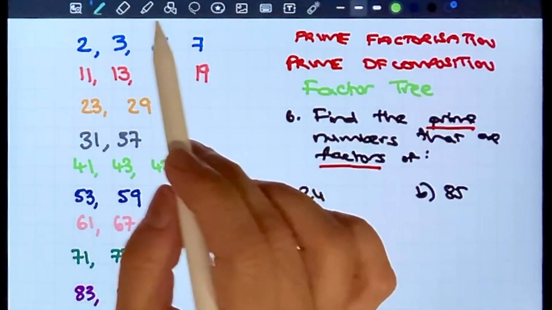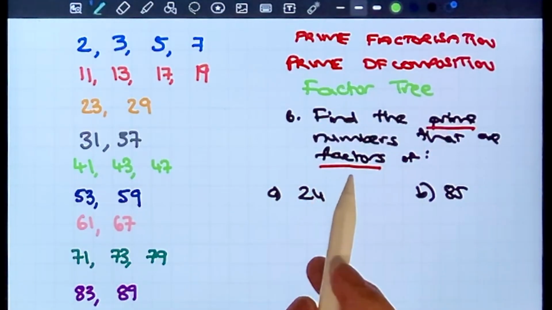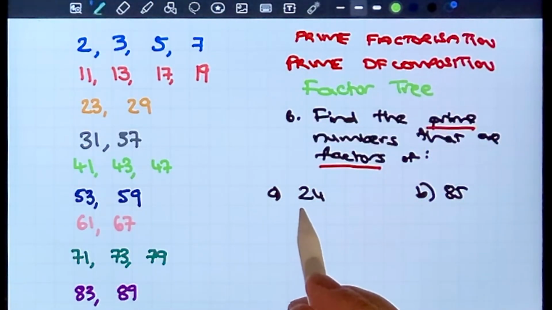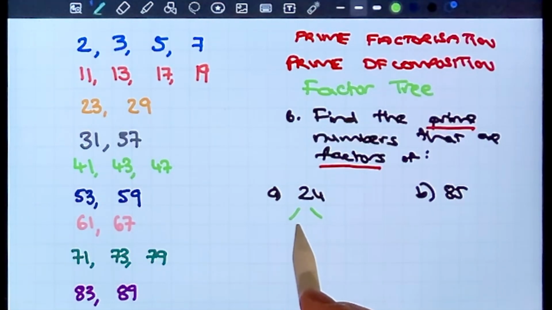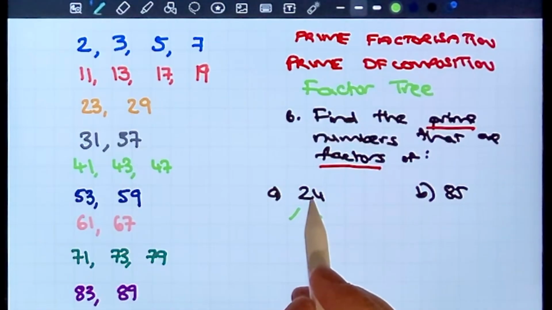So let's get started. So with 24, what we do is we look for any 2 numbers that when you multiply them together gives you 24.